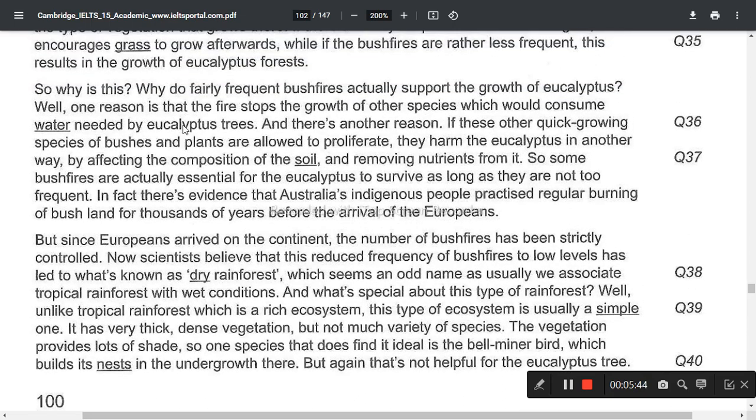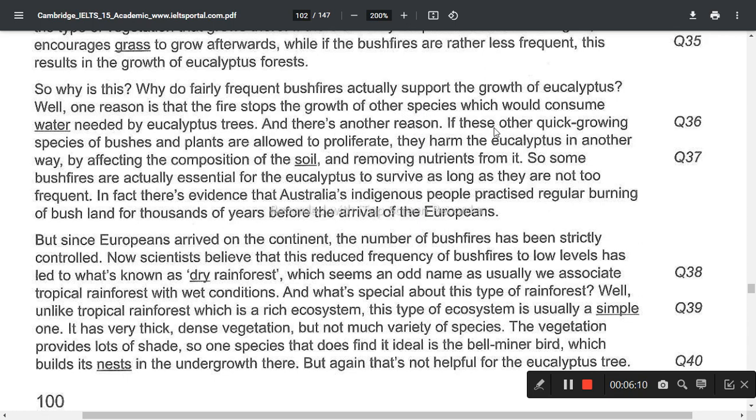So why is this? Why do fairly frequent bushfires actually support the growth of eucalyptus? Well, one reason is that the fire stops the growing of other species which would consume water needed by eucalyptus trees. There is another reason.